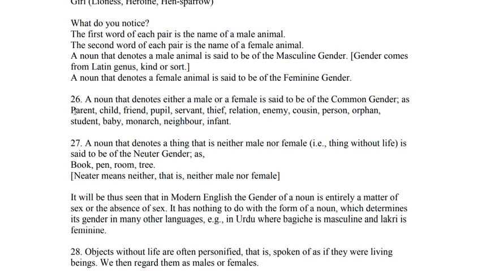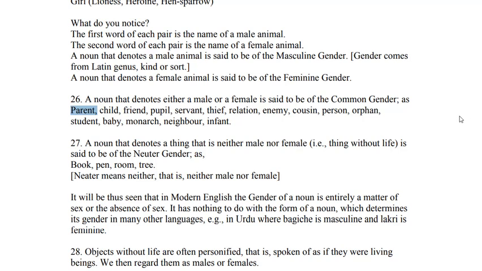Now look at some other examples. Look at this: parent. It denotes a human being which is either male or female. I mean, for a parent, both genders are possible. A parent can be male or a parent can be female. Similarly, child, both genders are possible. A child can be a male child or a female child.